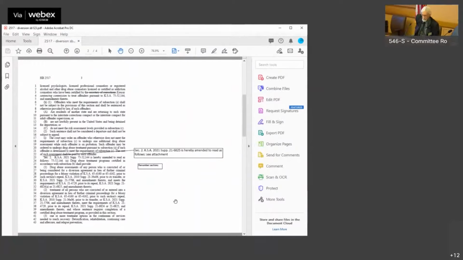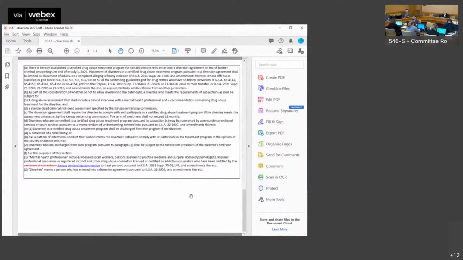Yes, Mr. Chairman, Representative Heiberger, you will recall that in Scott Schultz's testimony, he mentioned that we overlooked making the same change in the new Senate Bill 123 treatment, the new version of that for diversion.